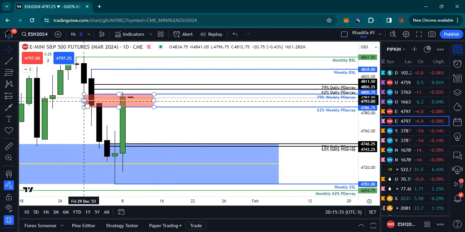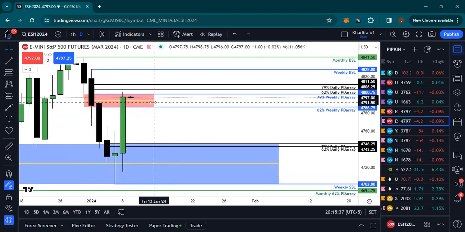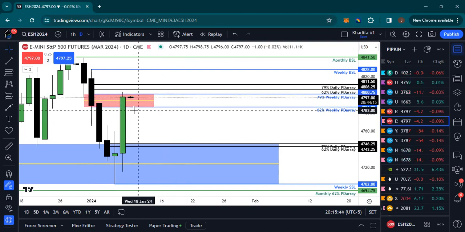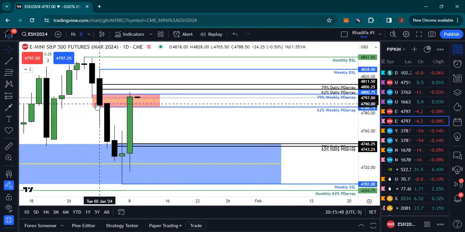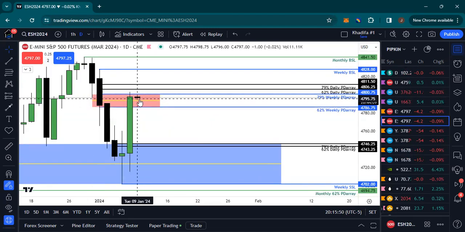But we would need to at least break back below consequent encroachment of these weekly PD array levels, right? And then I would feel more comfortable with seeing price come back down into this imbalance.